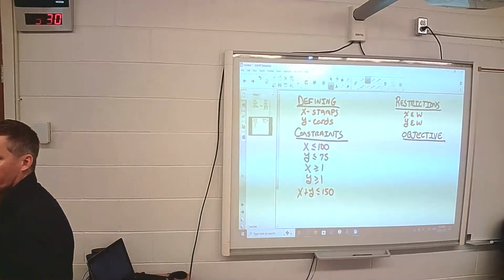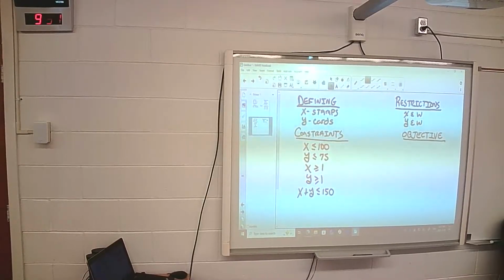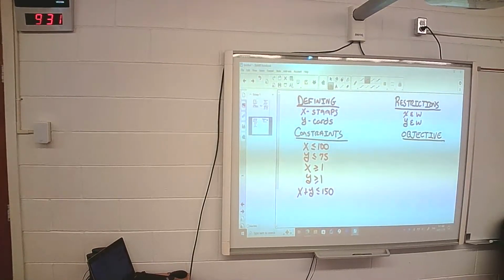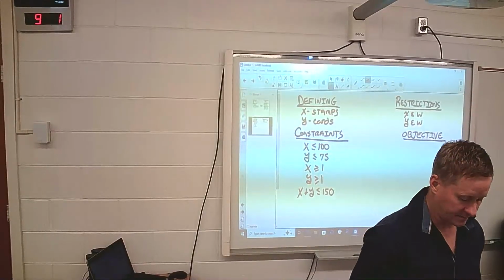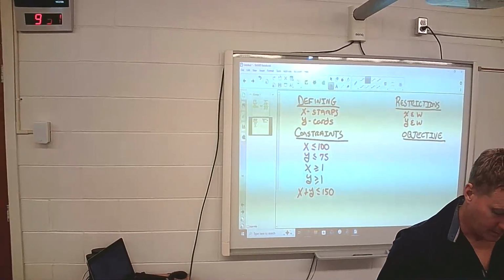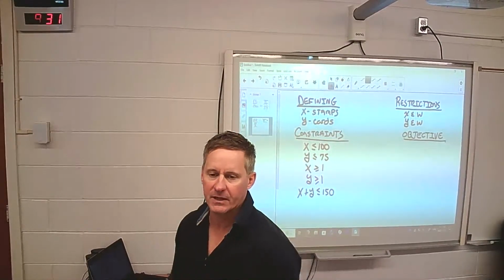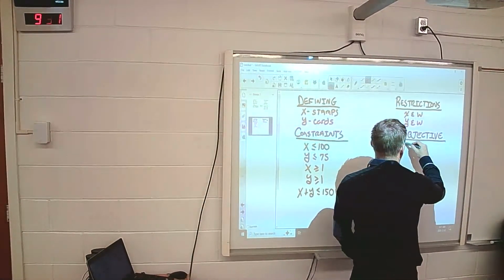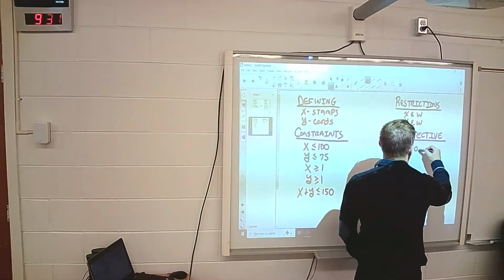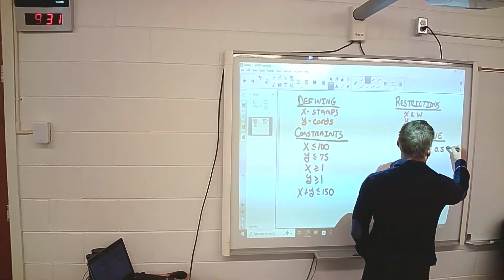All right, now, the objective part of this is the next line. What does the next line say? The cost. Each stamp cost him 10 cents and each card cost him 50 cents. So I'm going to put my amount equals 0.1x plus 0.5y.